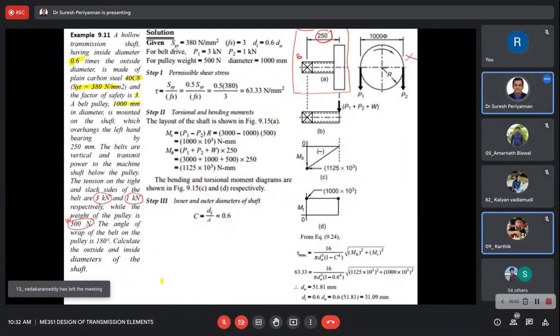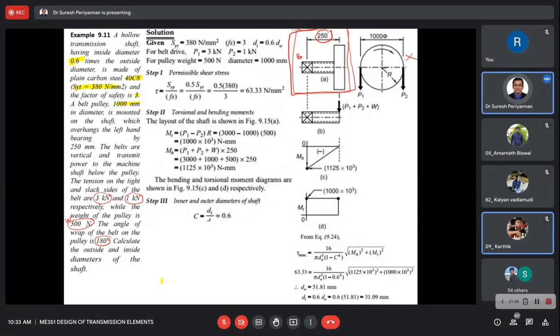The angle of wrap of the belt on the pulley is 180 degrees. Because only this figure is given to you, based on this angle we come to know that only vertical load is acting.